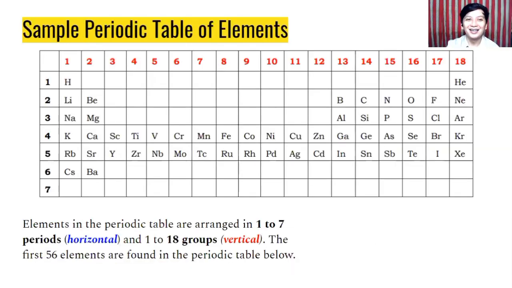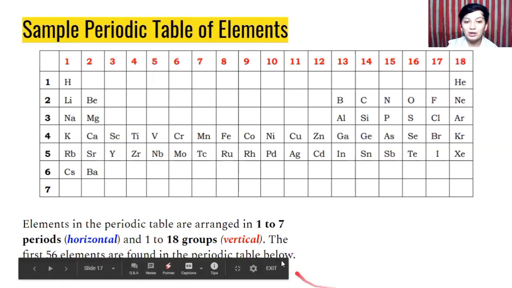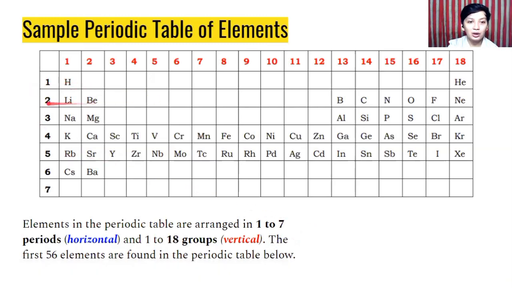Okay? And this is a sample of the periodic table of elements. We have here the elements in the periodic table arranged from 1 to 7, which are the periods. So these are the periods: 1, 2, 3, 4, 5, 6, 7. So we have 7 periods and 1 to 18 groups, which we can consider as the red part of this periodic table, the red numbers.